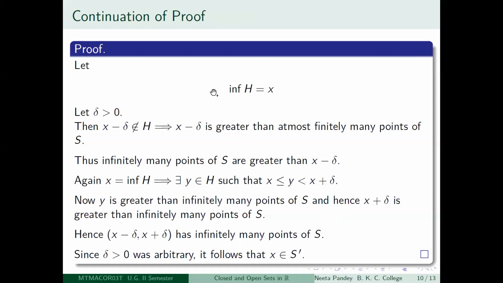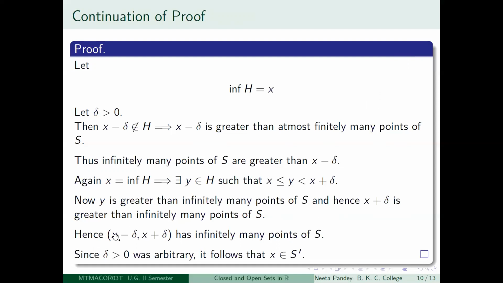So see, what are you getting? You have this x minus delta here and x plus delta here, right? So this open interval x minus delta to x plus delta. Infinitely many points of S are greater than x minus delta, and infinitely many points of S are less than x plus delta.